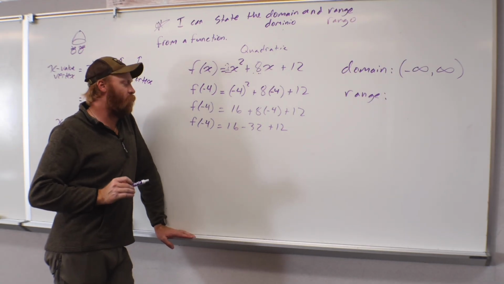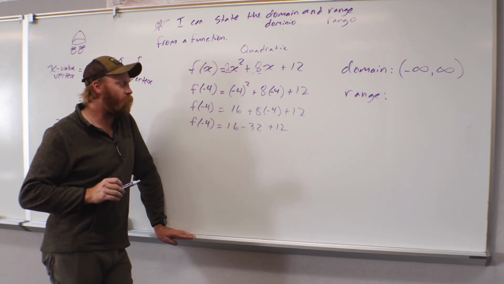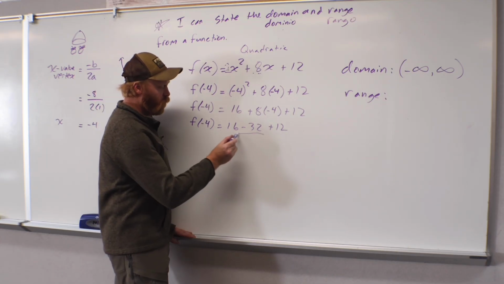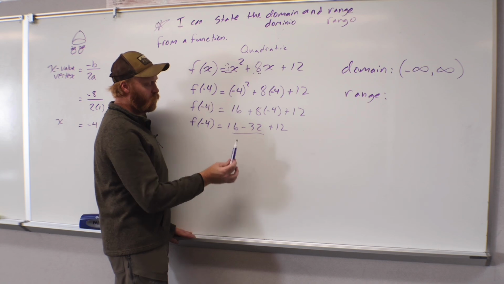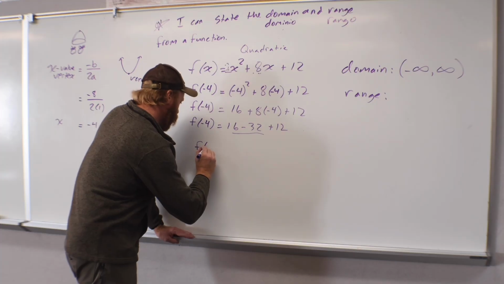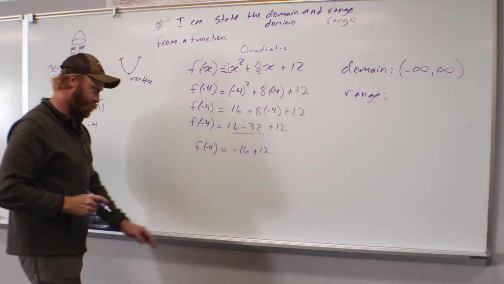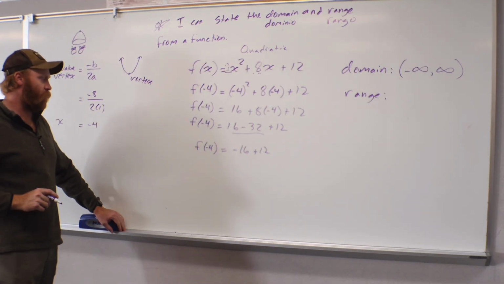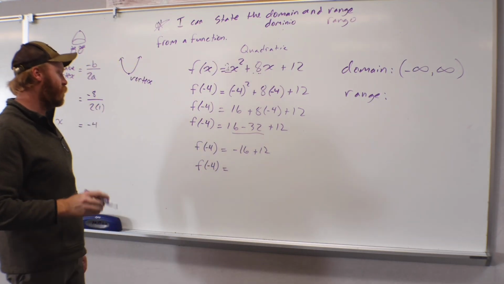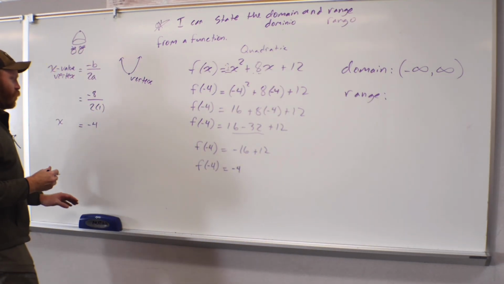I can't quite say this is a for sure thing, but a lot of times when we are solving for the vertex, once we do this part of it, we either get the positive or the negative of this value. So 16 minus 32, it would be the negative of that value. So we'd have f of negative 4 is going to equal negative 16 plus 12. And then f of negative 4 is going to equal negative 4 as well. Not my favorite example, but it is what it is.